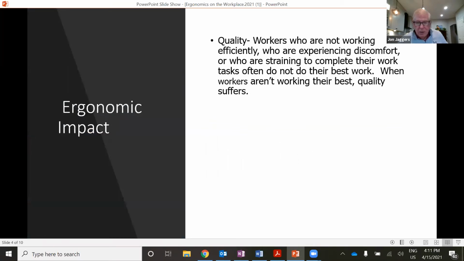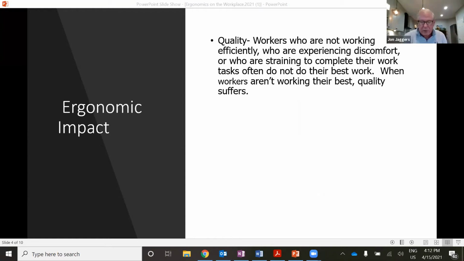And what this talks about is that employees who are constantly experiencing discomfort from the strains find it difficult to perform their tasks. And when they're not working at the optimum level, then quality suffers. And go ahead, Hannah.